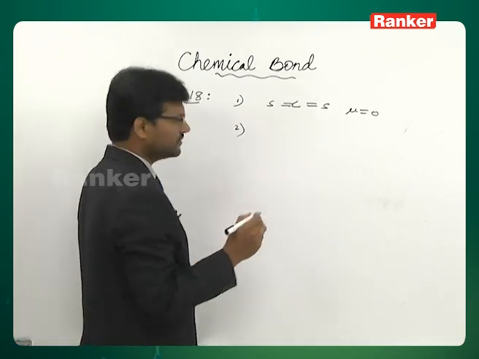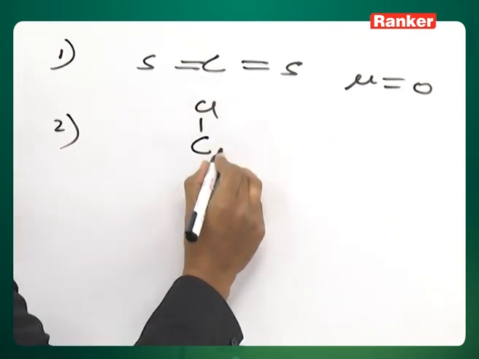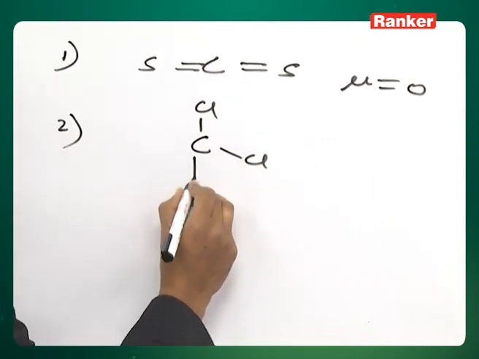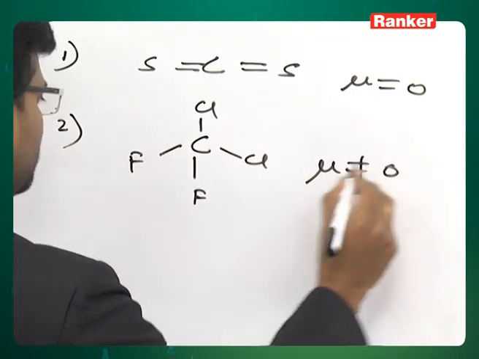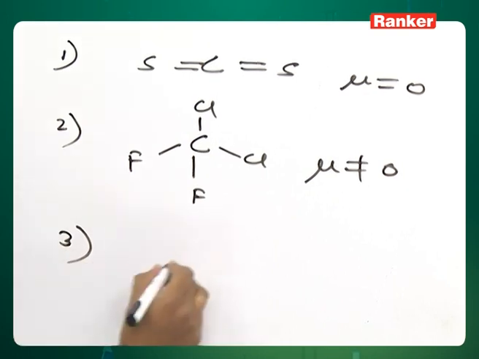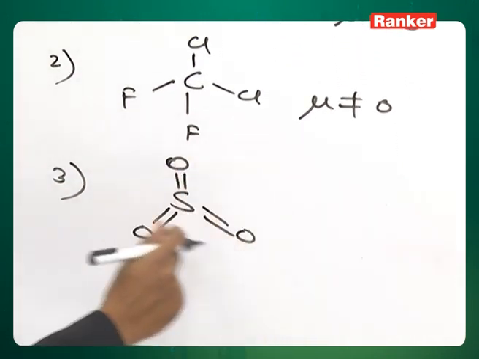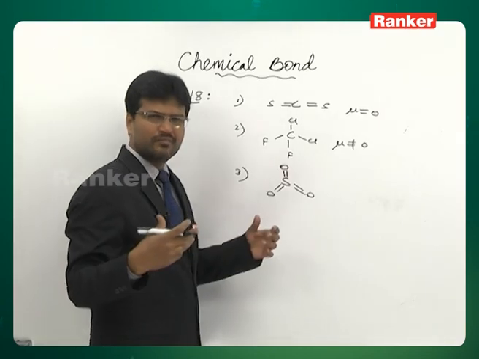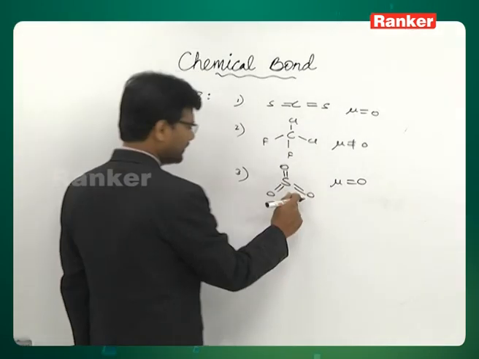Then you have CCl2F2, mu is not equal to 0. This is a polar molecule. Third option is SO3. The bond polarity is there, but the bond moments cancel out each other. Mu equals 0 due to trigonal planar shape.